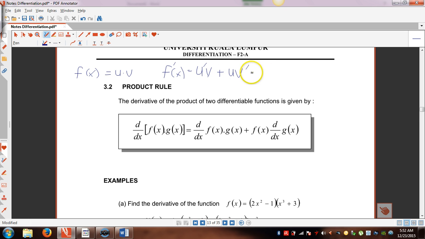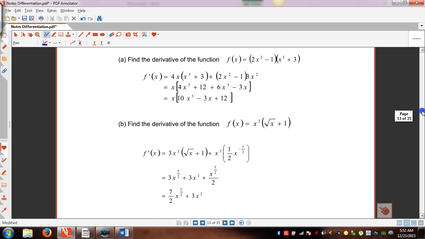So actually this is similar to this, but the notation of the function is quite different. Okay, so please remember all of the rules of differentiation. Now we look at the example given.